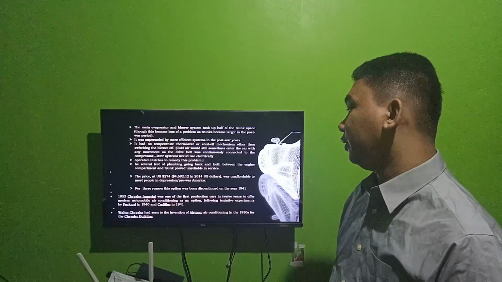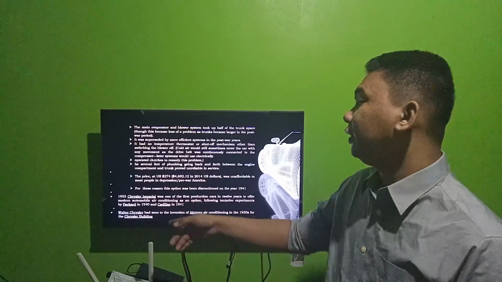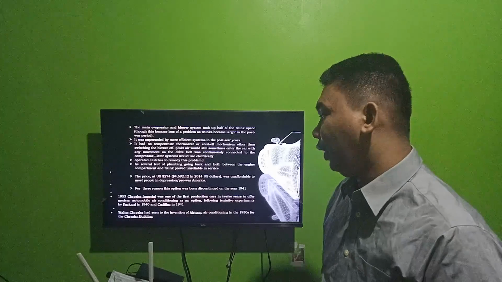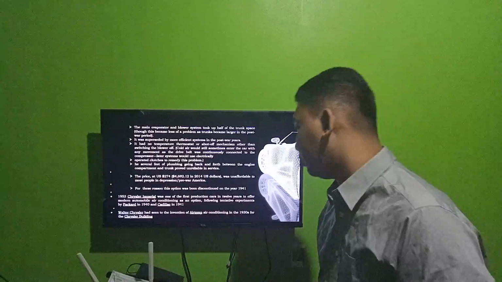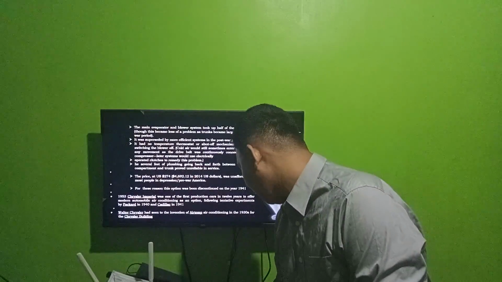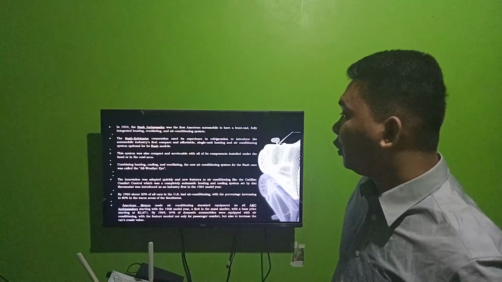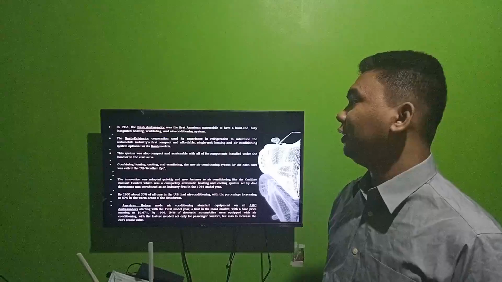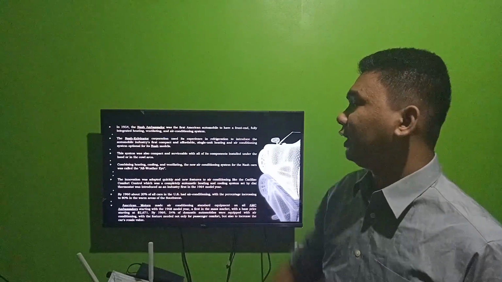modern automobile air conditioning as an option, following tentative experiments at Packard in 1940 and Cadillac in 1941. Walter Chrysler had seen the invention of air conditioning in the 1930s for the Chrysler Building. In 1954, the Nash Ambassador was the first American automobile to have a front-end fully integrated heating, ventilating, and air conditioning system, and the other one is the Nash Kelvinator.